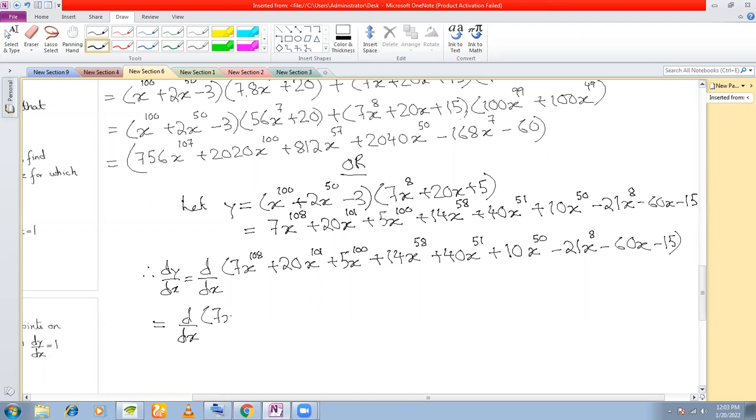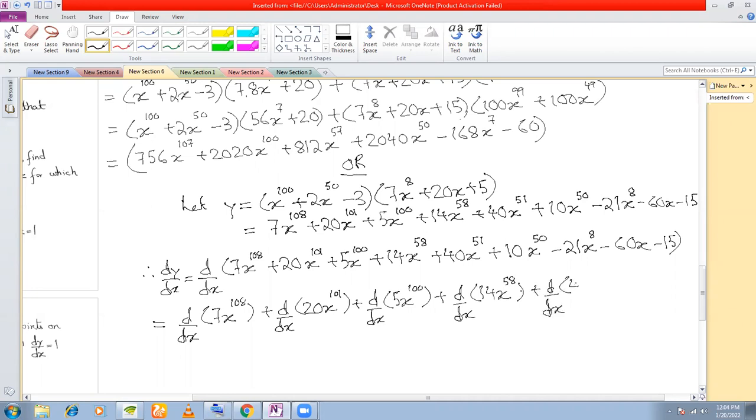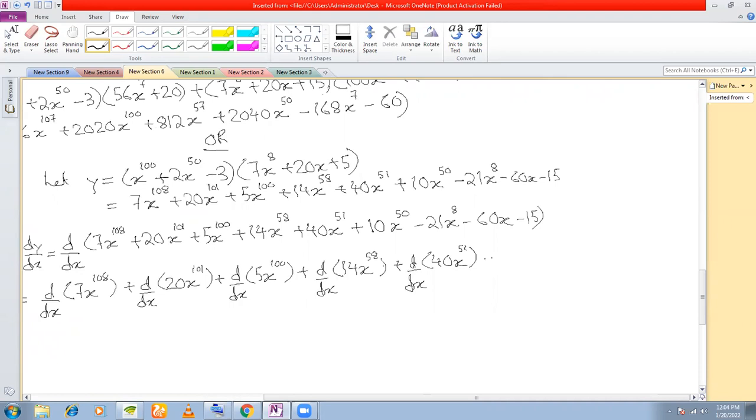So d/dx of 7x^108 plus d/dx of 20x^101 plus d/dx of 5x^100 plus d/dx of 14x^58 plus d/dx of 40x^51 plus d/dx of 10x^50 minus d/dx of 21x^8 minus d/dx of 15.